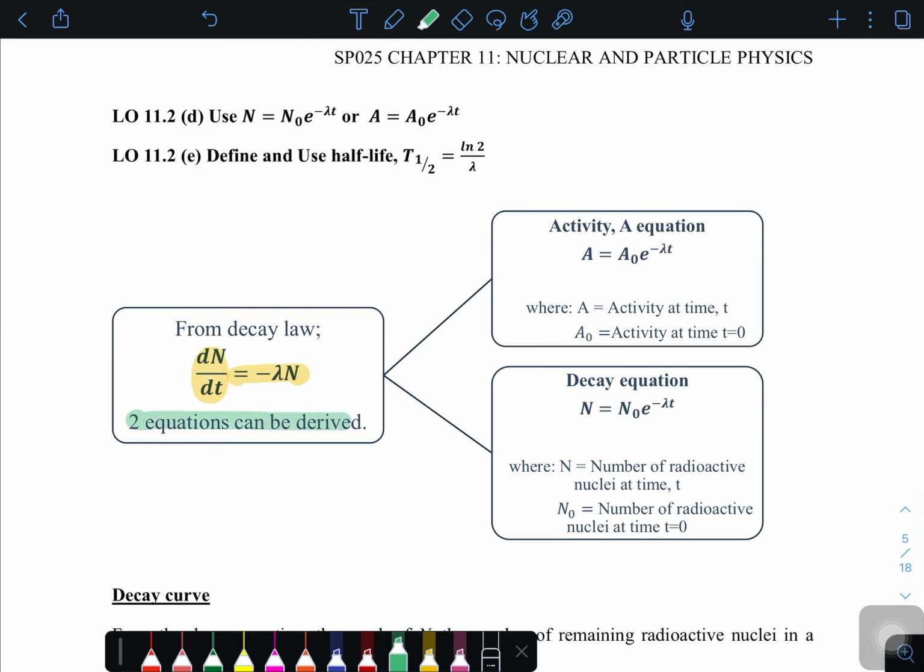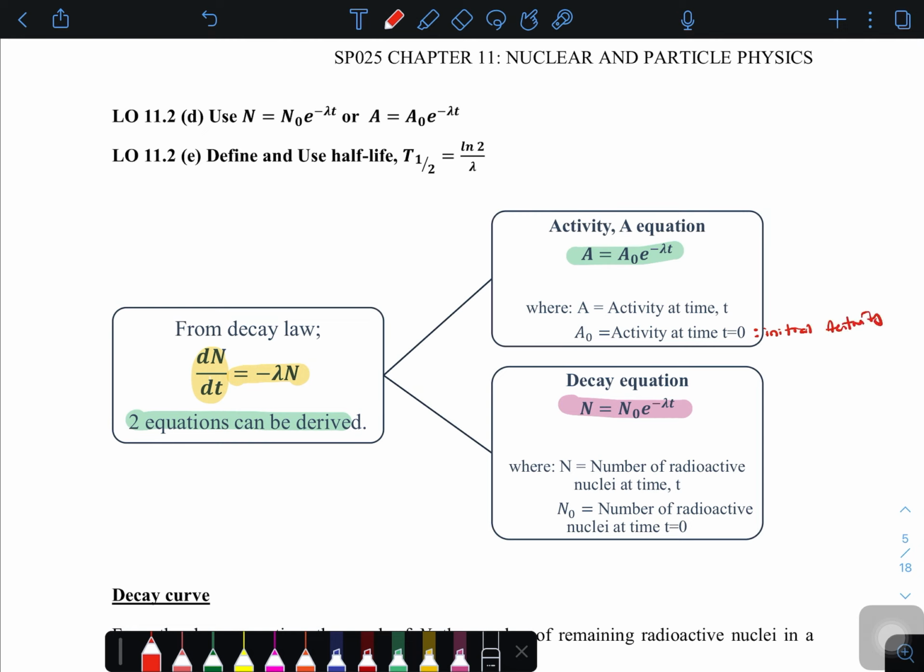The first one is A equals A naught e to the negative lambda t, and the next one is N equals N naught e to the negative lambda t. A is the activity at time t and A naught is the activity at time equals 0, which we call the initial activity.